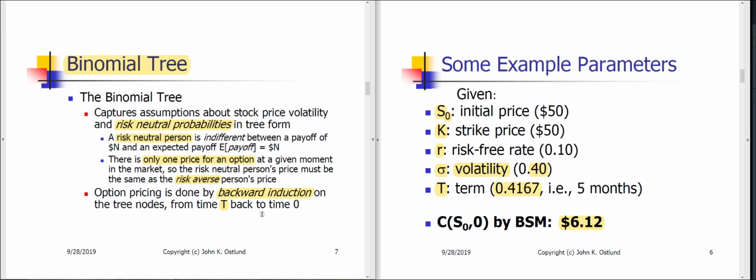Let me give you one really quick idea of what a risk-neutral person versus a risk-averse person might be. Let's suppose that you're going to invest $1 with me, and I tell you you have a choice of two different investments. You can either invest $1 with me, and at the end of the year, I'm going to flip a coin, and regardless of whether I get a head or a tail, I'm going to give you back $1.05.